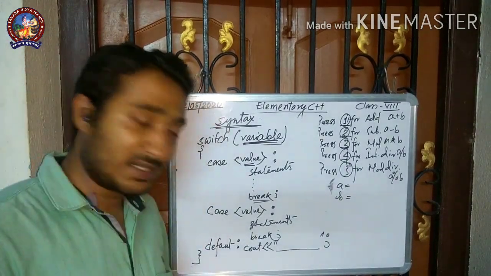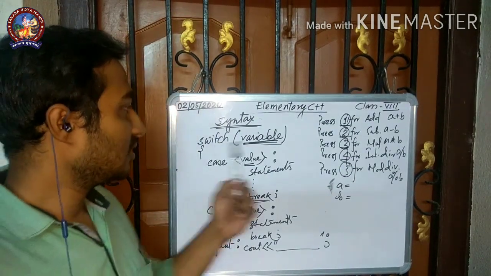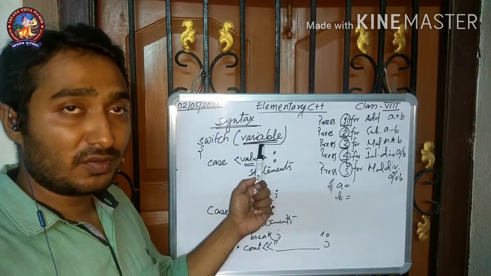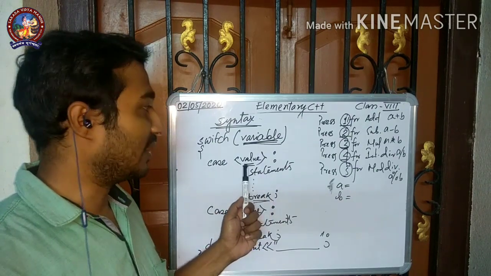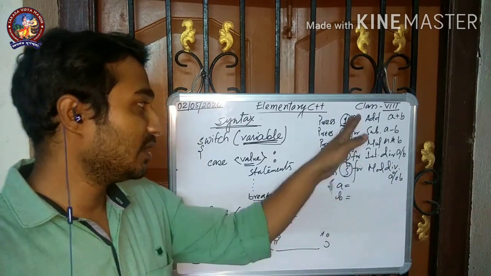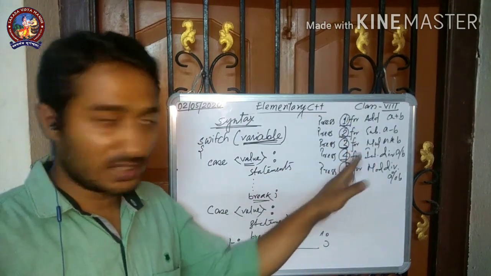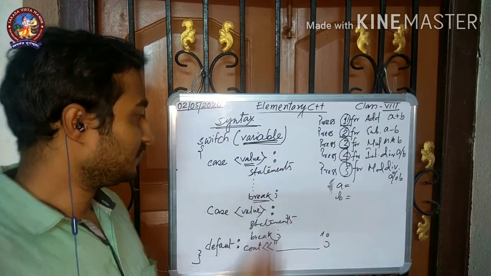So I think you understand the switch case statement. Again I am repeating. Switch the variable. Variable means the variable which will hold the user's choice. Then case value. Value means the choices, how many choices we can have. In this program there can be 5 choices. So here will be case 1, then statements.